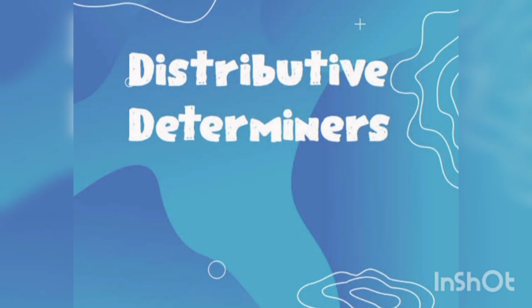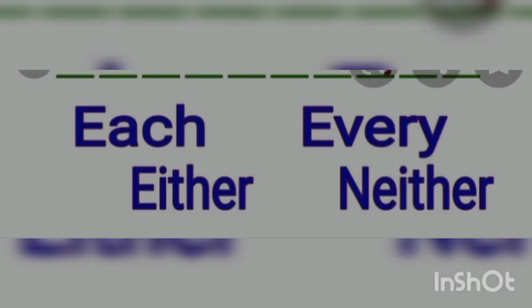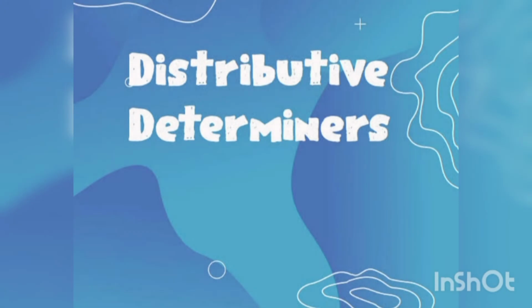Up next is distributives or distributive determiners. Well, we have 4 distributive determiners: each, every, either, and neither. Distributives indicate distribution of the elements or constituents of a whole.